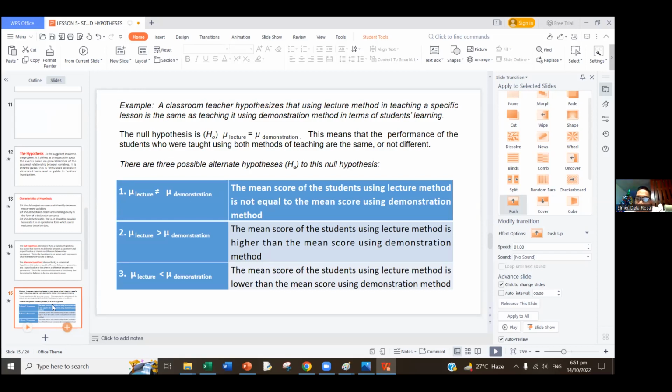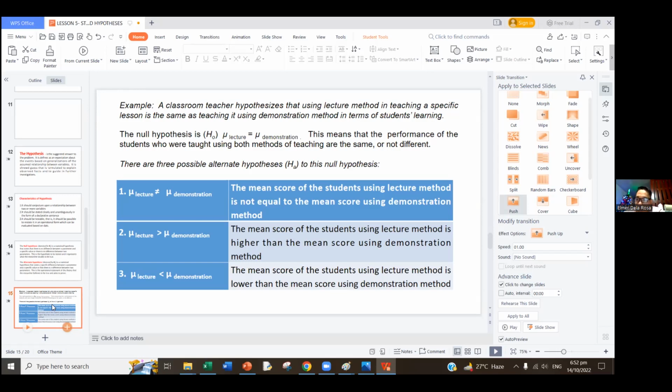So ano ang kanyang null hypothesis? Mathematically, ang null hypothesis niya is mu lecture is equal to mu demo. Mu means mean. So in other words, yung average score daw ng mga estudyante na tinuruan ng lecture, equal lang daw sa average score ng mga tinuruan ng demo. Kaya equal dahil there's no difference.